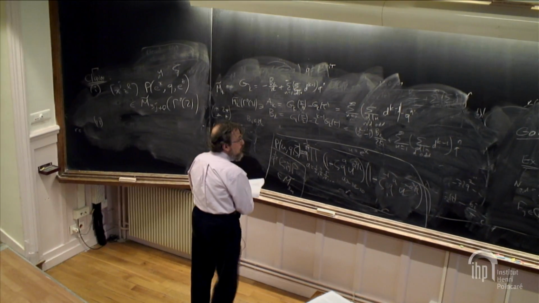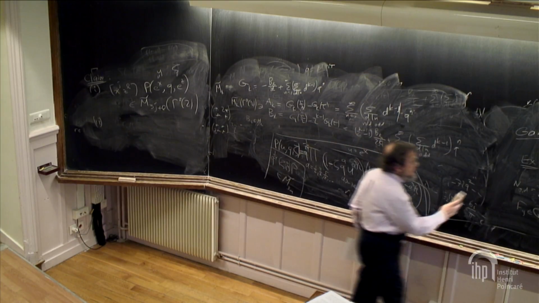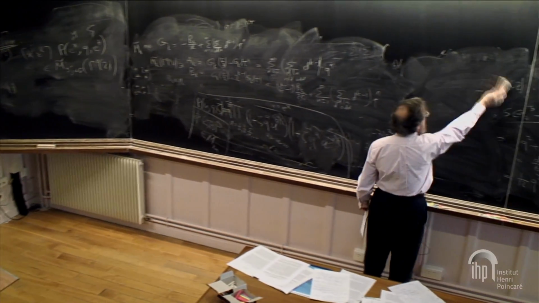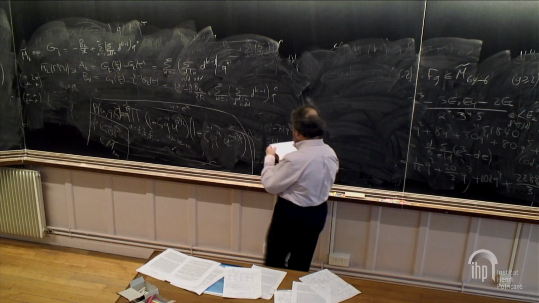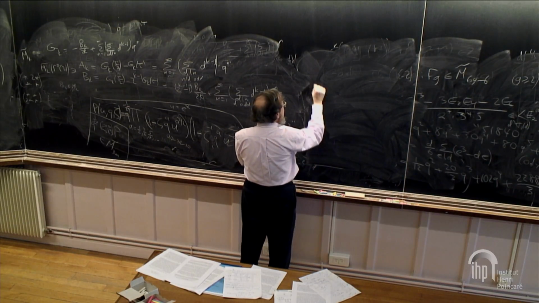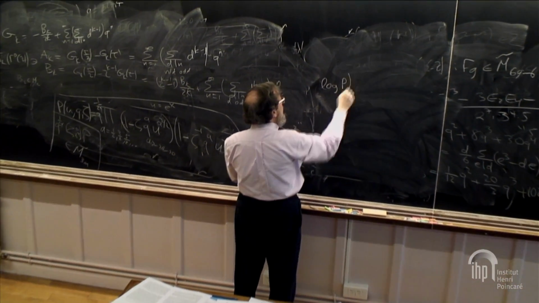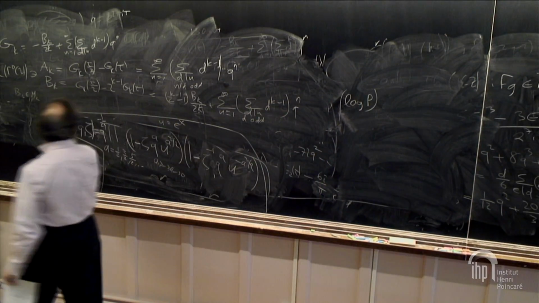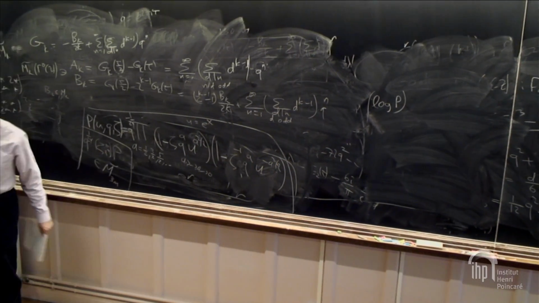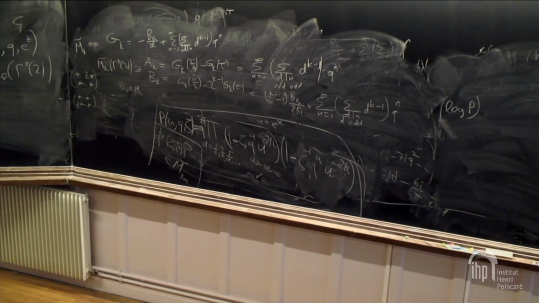OK, so then a one-line calculation, I won't do it, but you can almost do it. You can see in your head that you could do it, tells you that if I take log of p, p is a product, but log of p is therefore a sum.